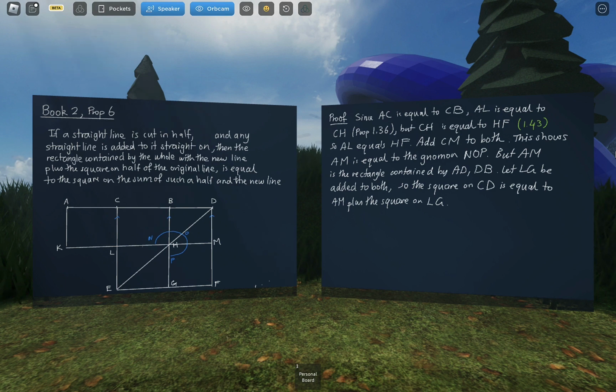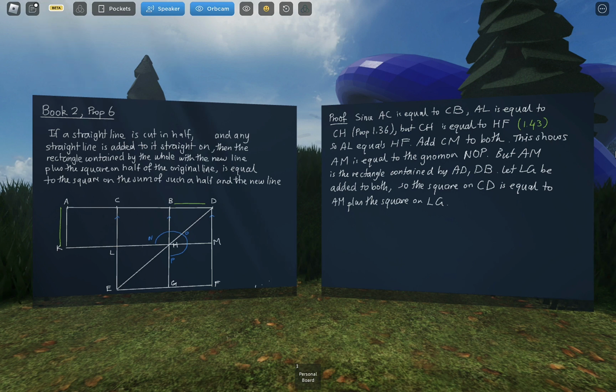Oh, okay. And I guess I didn't say it out loud, but AK is equal to BD. Gotcha. Yeah, that's because it's equal to BH, and that's a square from the same argument as last time.